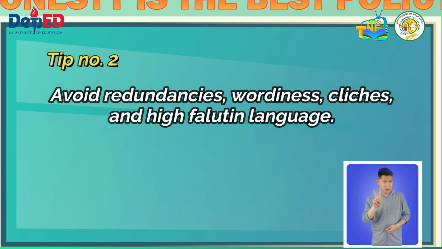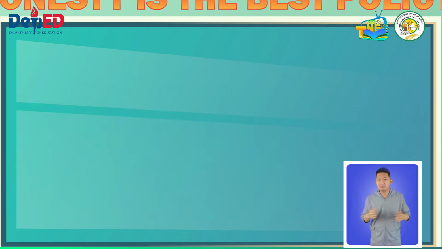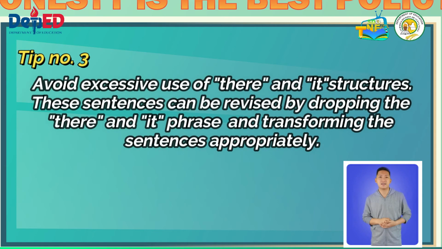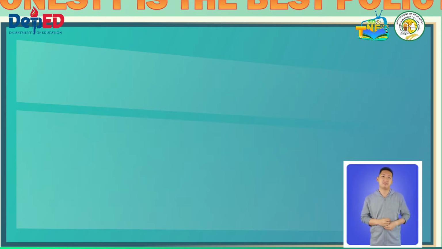2. Avoid redundancies, wordiness, cliches, and highfalutin language. 3. Avoid excessive use of their and its structures. These sentences can be revised by dropping the their and it phrase and transforming the sentences appropriately. 4.